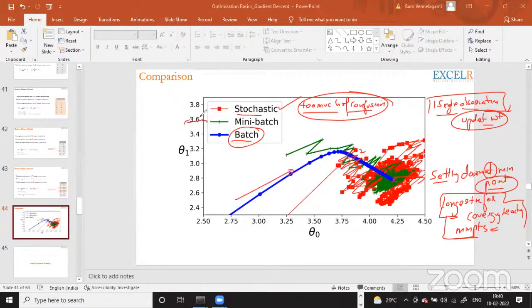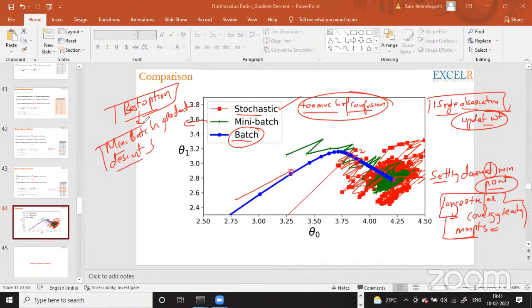So which is the best option that we have? The best option is mini batch gradient descent. This is the best variant you can use when you are building your neural network models. That is the idea: mini batch gradient descent.